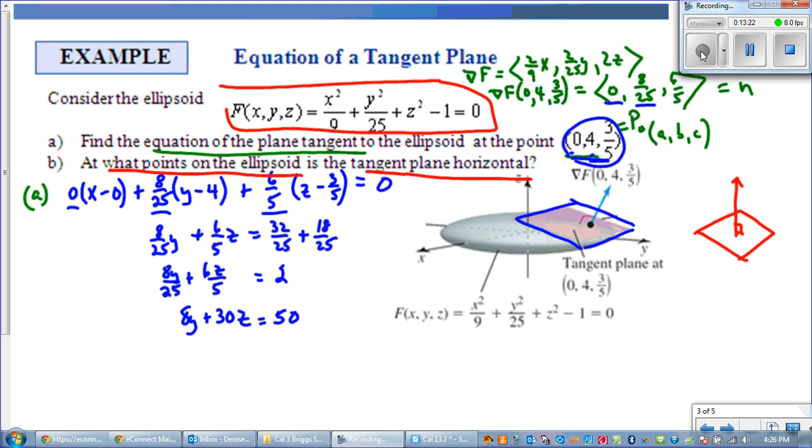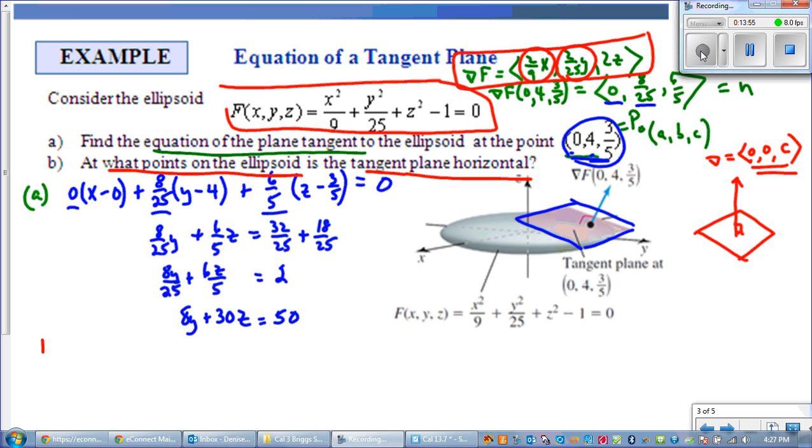If it's pointing straight upward, the gradient needs to be of the form (0, 0, some number). Well, we got that the gradient had this form. So for what points would the x, y, z values be if that gradient were going to also be of this form? Well, that means that this first component must be 0, the second component must be 0, and then the third component's just some other number.